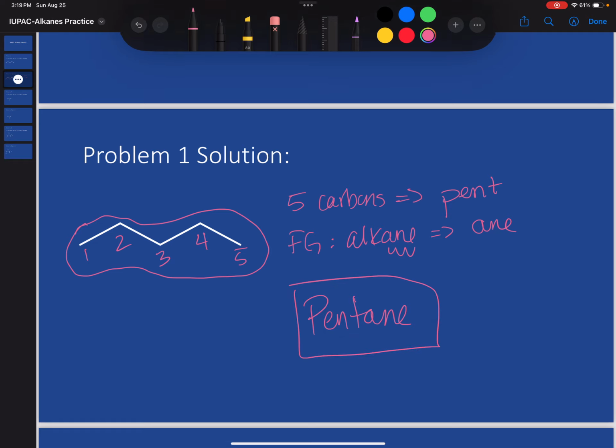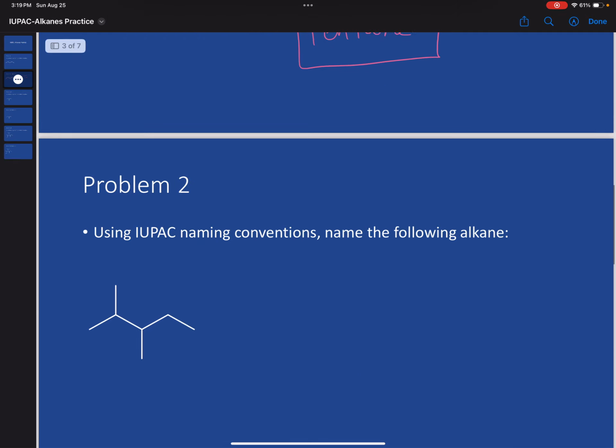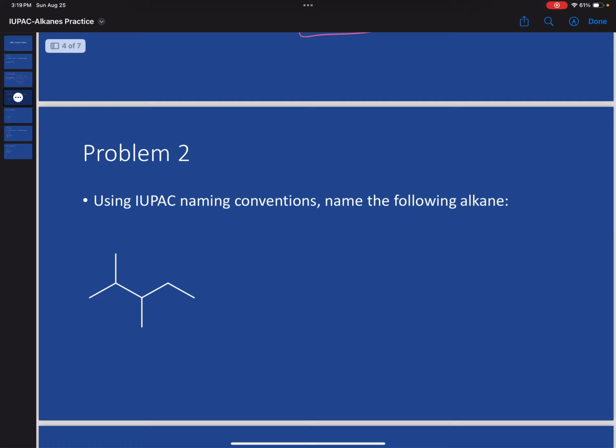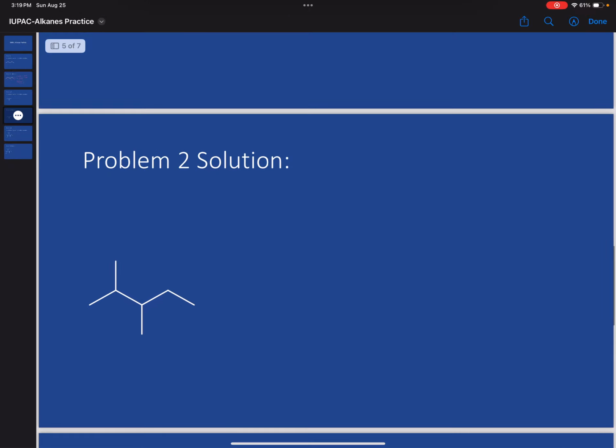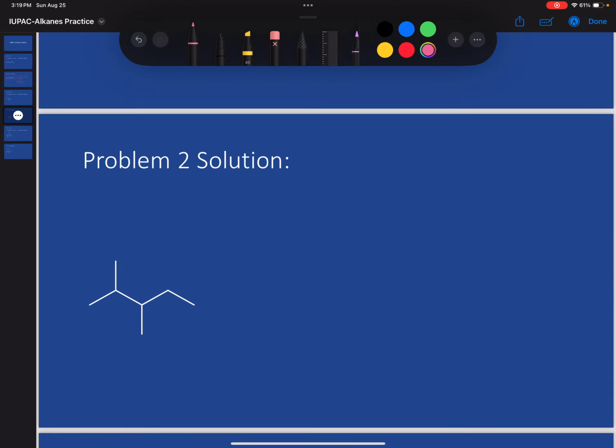Okay, like I said, that's a pretty basic example. Let's get a little bit more complex with it. So go ahead and give this one a try where we now see branching. All right, so I need to pay attention to how I'm going to identify my parent chain. I'm still going to look for that longest continuous chain, and there's a couple ways I can number this. I could start from left to right, and that would be fine.